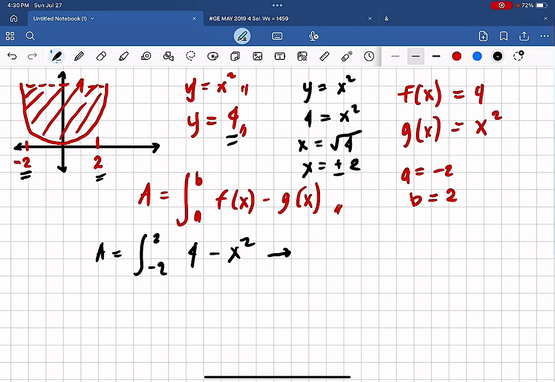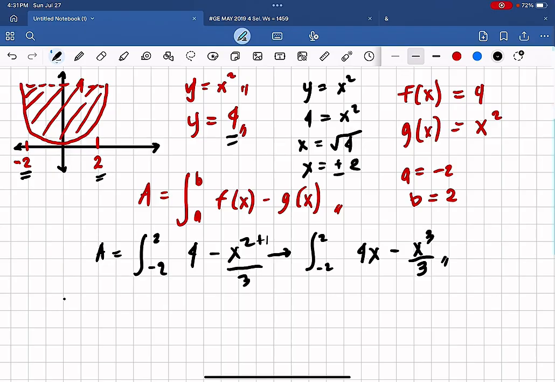Now let's integrate this. The integral of the constant will have a variable, right? So this will become 4x minus, so we have to use the power rule for this x squared. So we have to add plus 1, so x cubed over 3. And now substitute the value of limits in this equation.